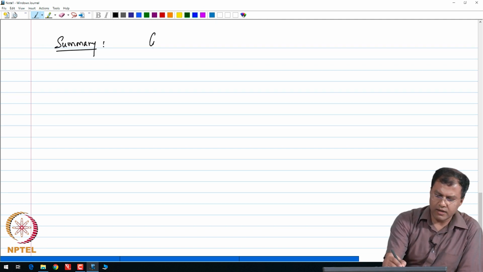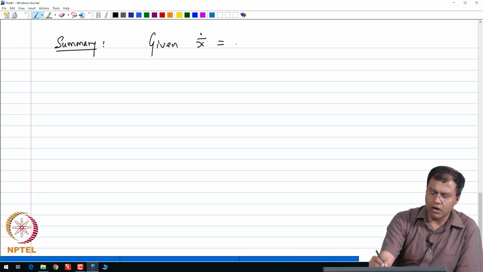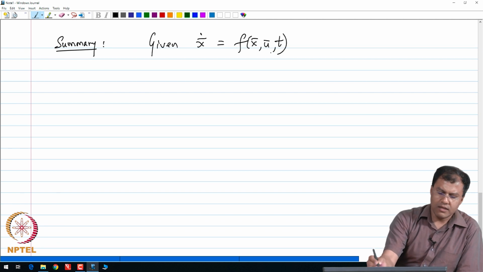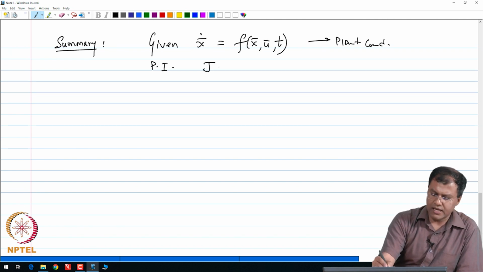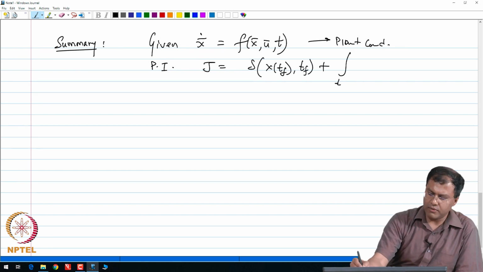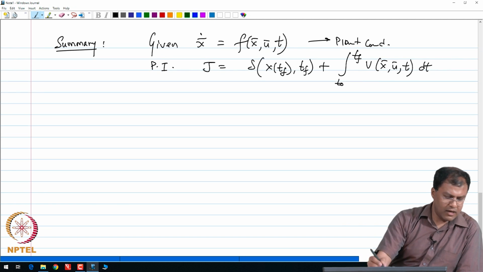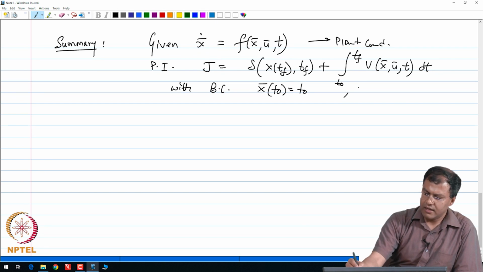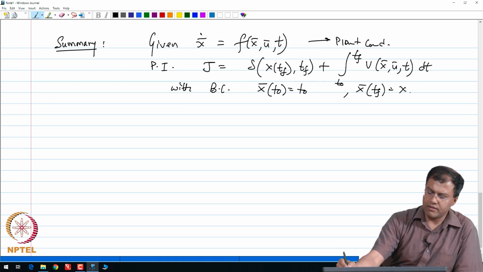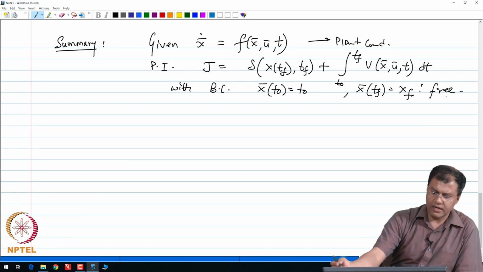We start with the statement: given my plant condition x bar dot is equal to f of x, u, t, and my performance index, which is given to be J is S of x of t f comma t f plus integral from t 0 to t final V of x bar, u bar, t dt, with boundary condition x bar of t 0 is equal to x 0 and x bar of t f is equal to x f, and this could be our free boundary condition.